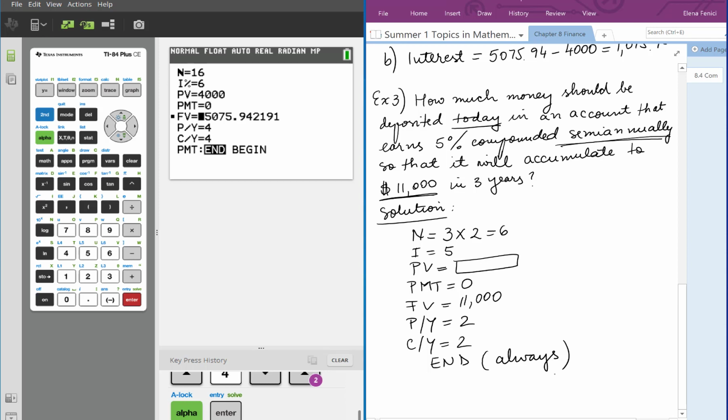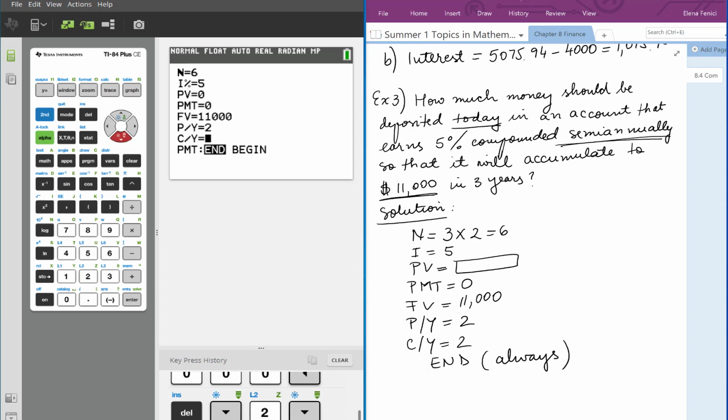Okay, so let's start writing this in the calculator. So n equals 6. I equals 5. Present value, I don't know it. I'm going to put 0. Payment, 0. Future value, 11,000. Oops. Delete 1. And P/Y is 2.